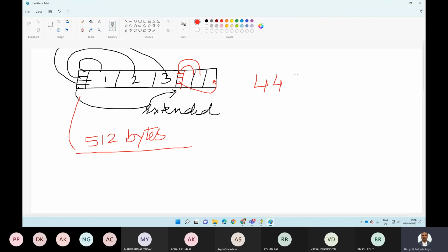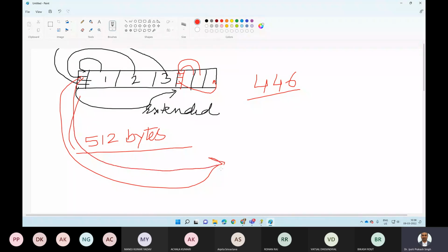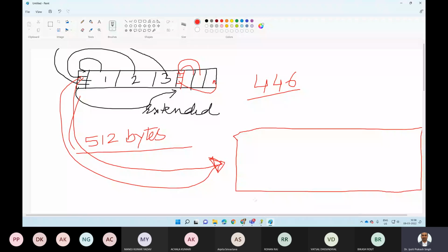446 out of this 512, if this disk is bootable, then that information is kept. So if I now enlarge this space, say this is 512 bytes, starting from 0 to 511, then up to 446, from 0 to 445, we have boot information, the bootable information.